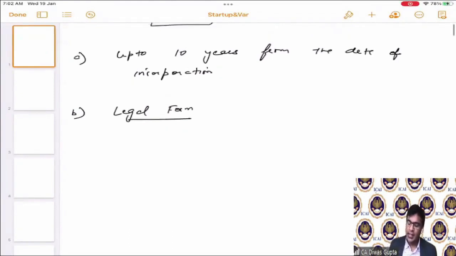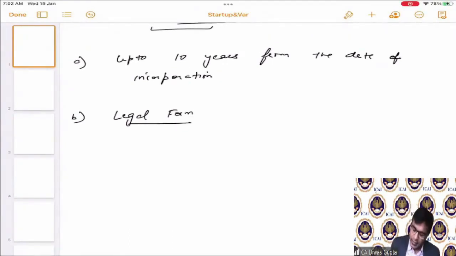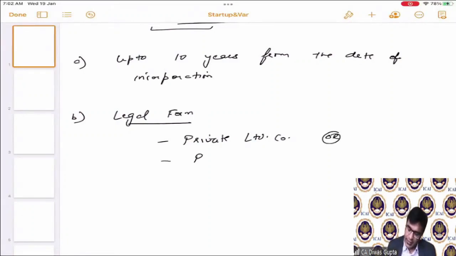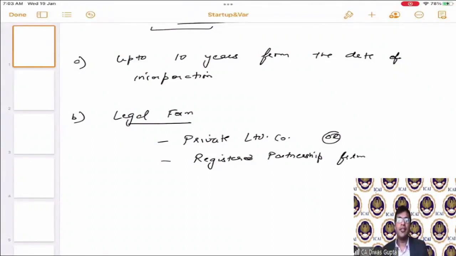So hence we say that the legal form of a startup can be, let's say, a private limited company. If it is a private limited company, then only it will be regarded as a startup. Or, if it is a registered partnership firm, let's say there are two, three co-founders who have gone into a partnership firm and they get it registered.